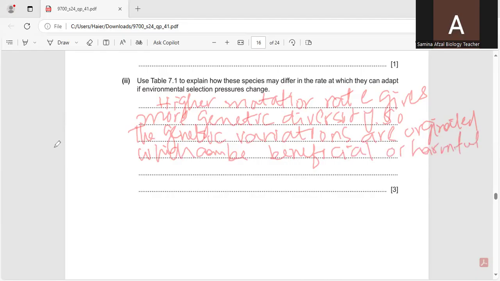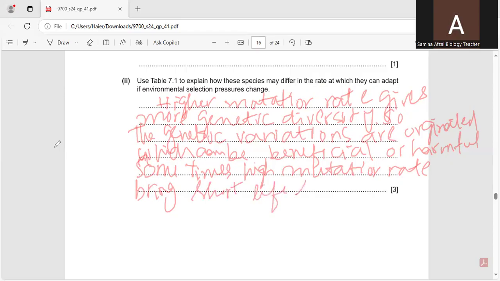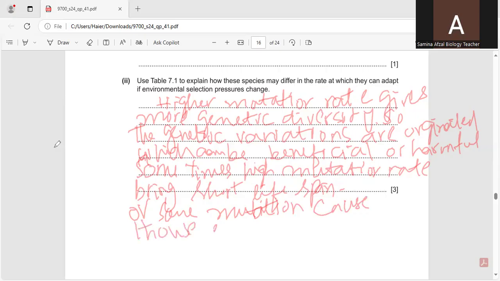It depends. And sometimes high mutation brings short lifespan, or sometimes it takes time to originate those effects which take time.